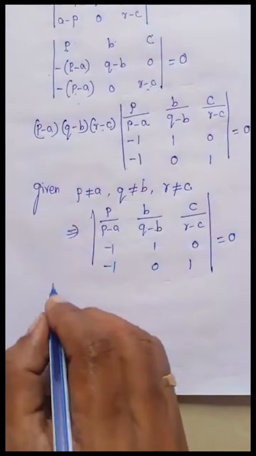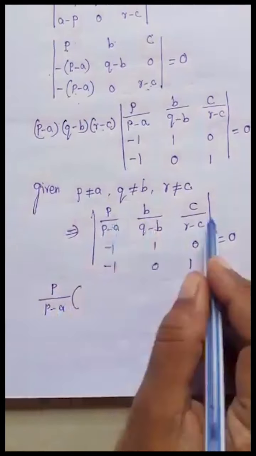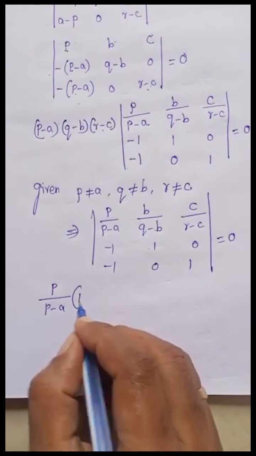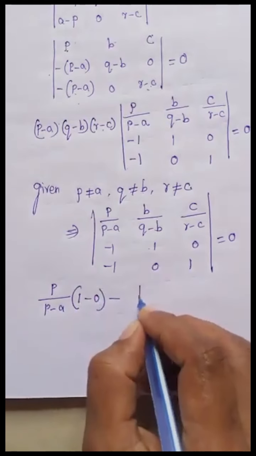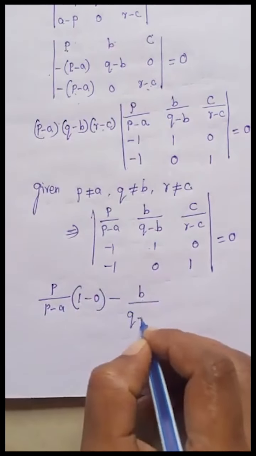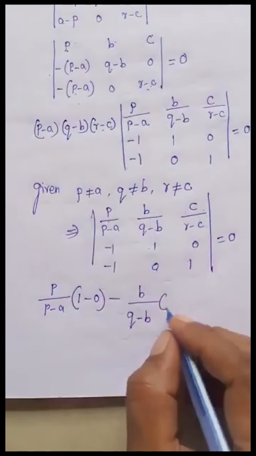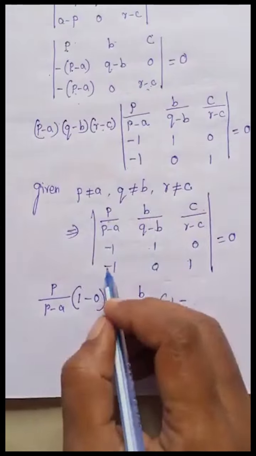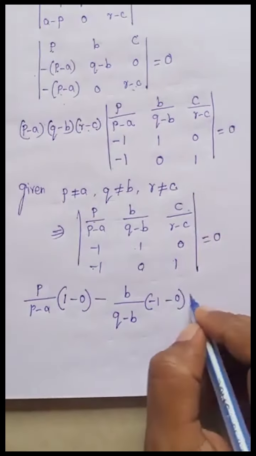Now we have to simplify this as an ordinary determinant and we can do it. See, first value I am writing P by P minus A into, leaving this row and column, 1 minus 1, 1, minus 0 into 0 is 0. Minus B by Q minus B into, leaving this row and column, minus 1 into 1, minus 1, minus 1 into 0 is 0. The next one we take plus, isn't it?